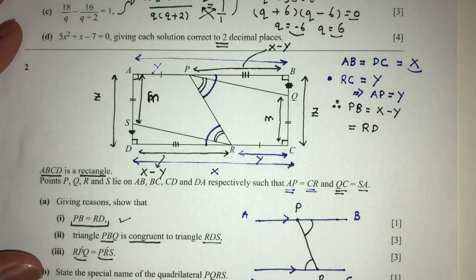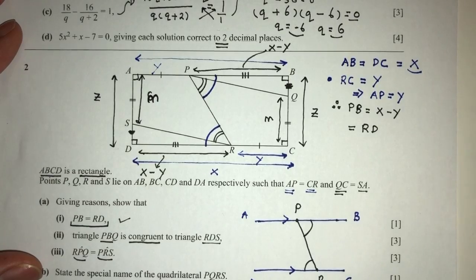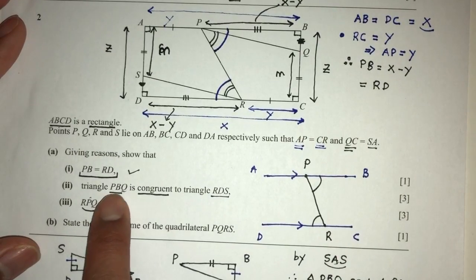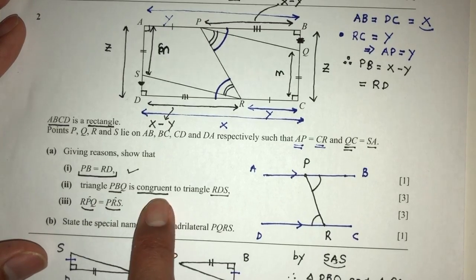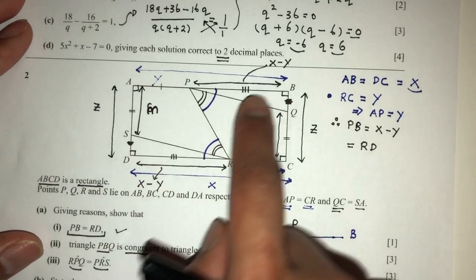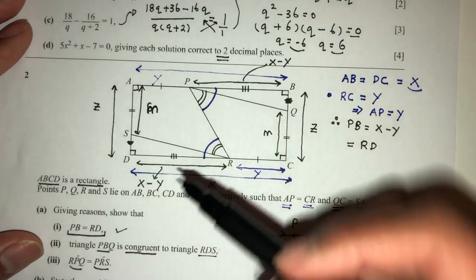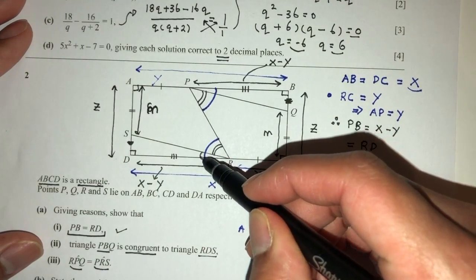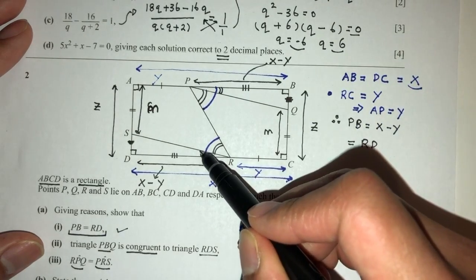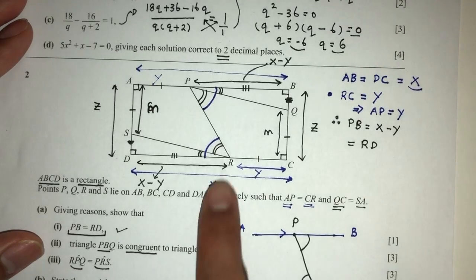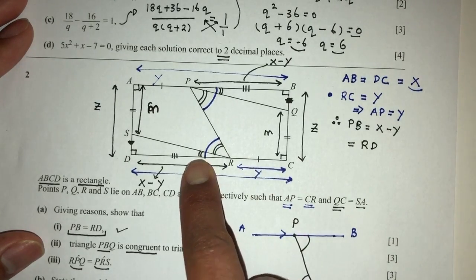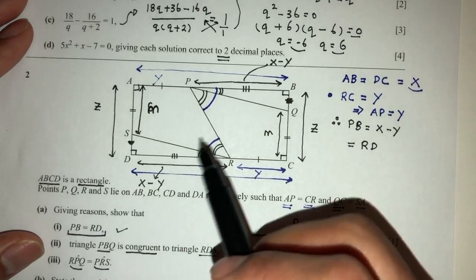Okay, but the trick is, we now know that triangle PBQ is congruent to triangle RDS. So this triangle is the same as this triangle. It means that this angle here has to be the same as this angle here. That makes sense. Now, to find this angle, we take this big one minus the small one. It will have to be the same.